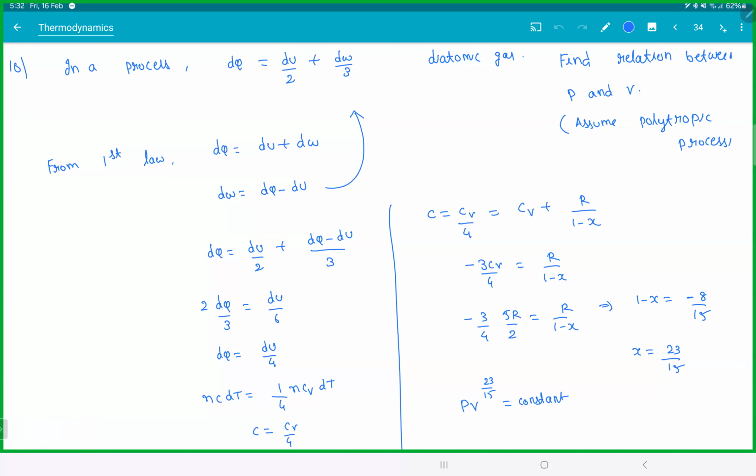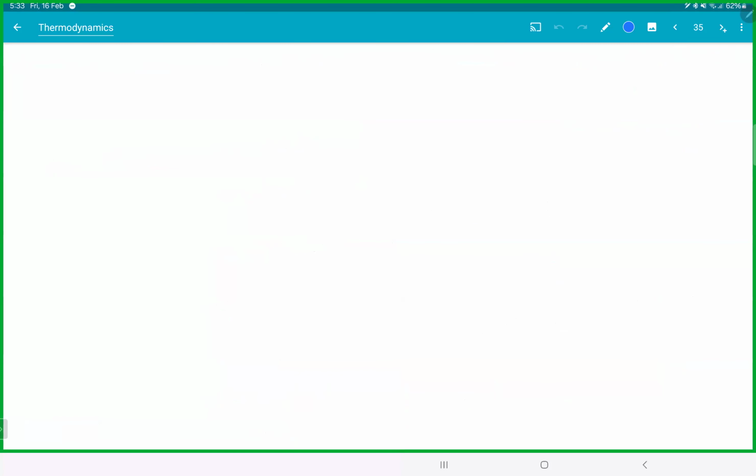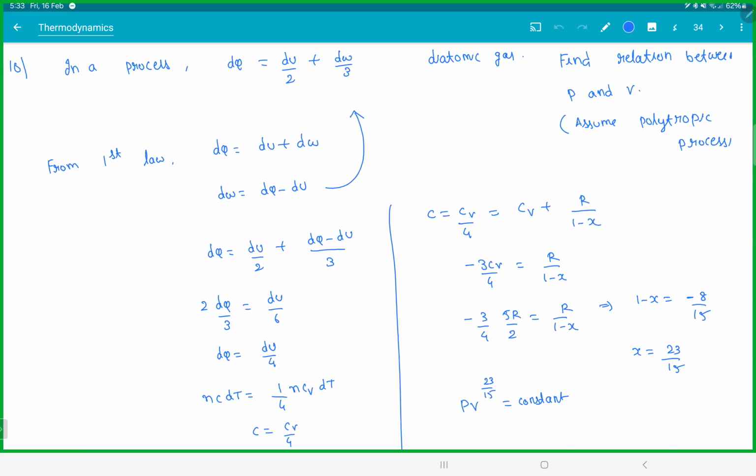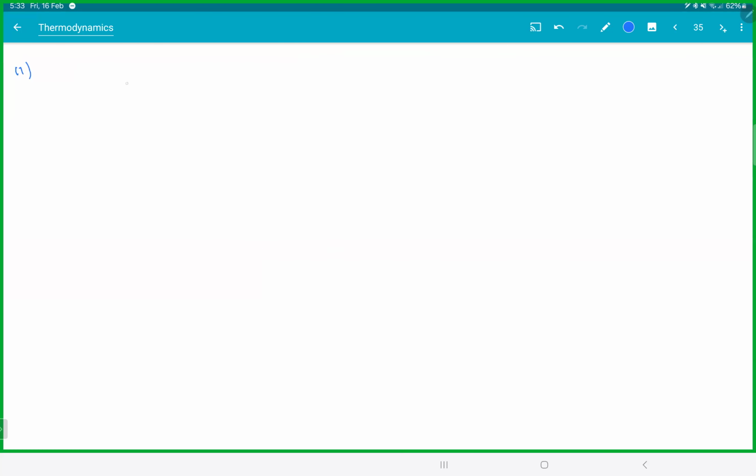Let's start off with the problem. An ideal gas undergoes an adiabatic process where Cv is A plus BT.